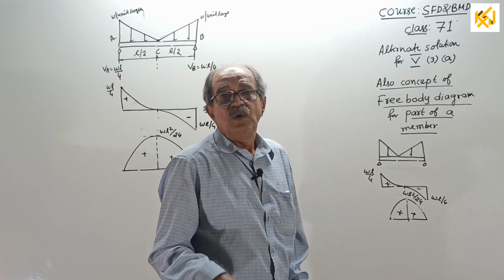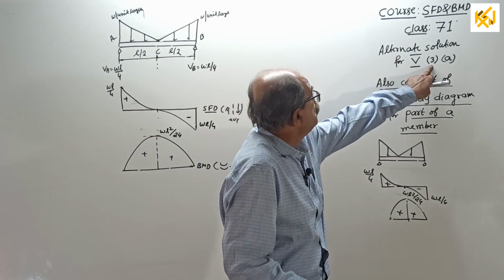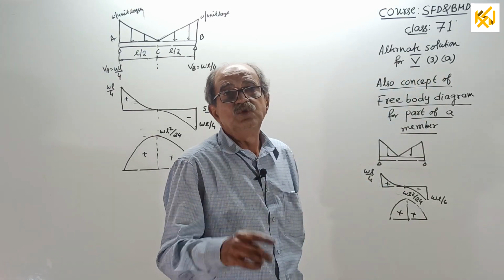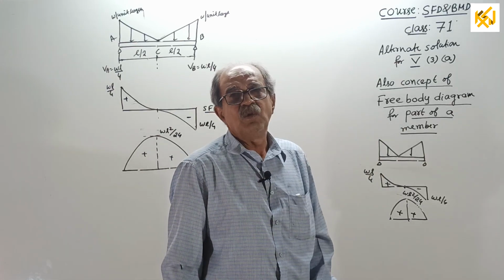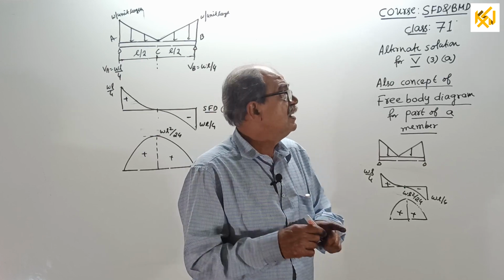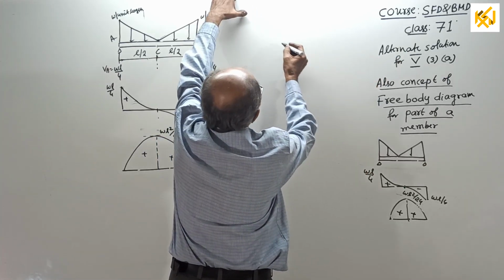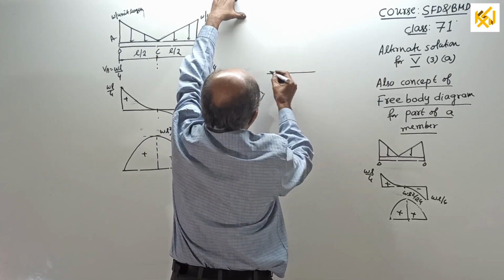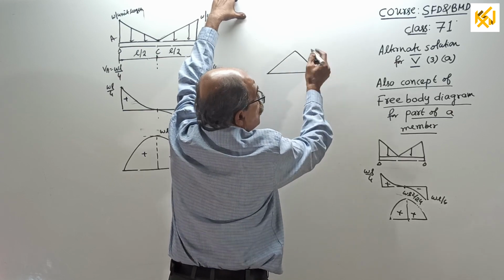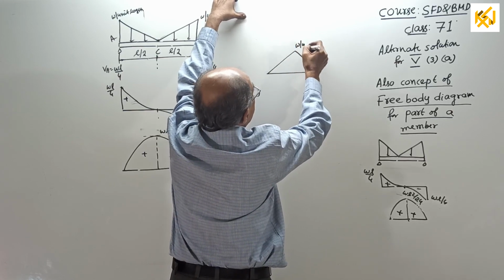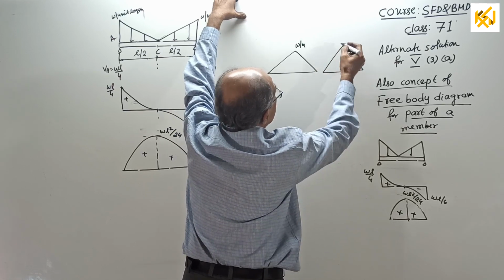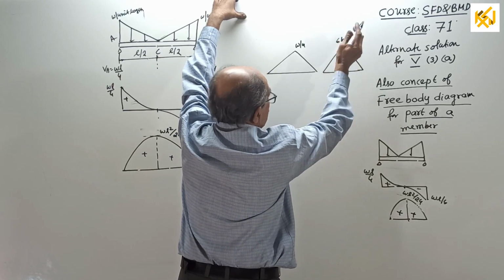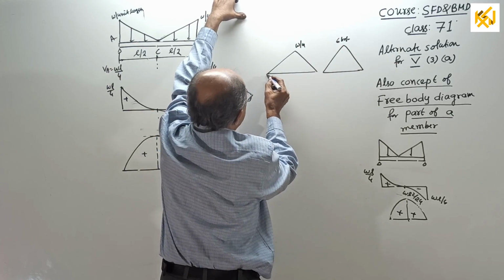Then, Roman 5.2 and Roman 5.3 numericals are pending. I don't remember now exactly, but what I will do is numericals. Class number 73 will be this question, book work already over, W per unit length, and the same numerical, say 6 kN per meter, something random. The beam is simply supported only.